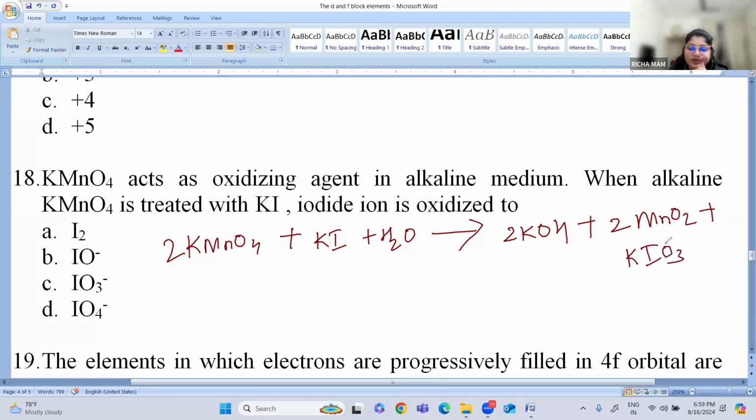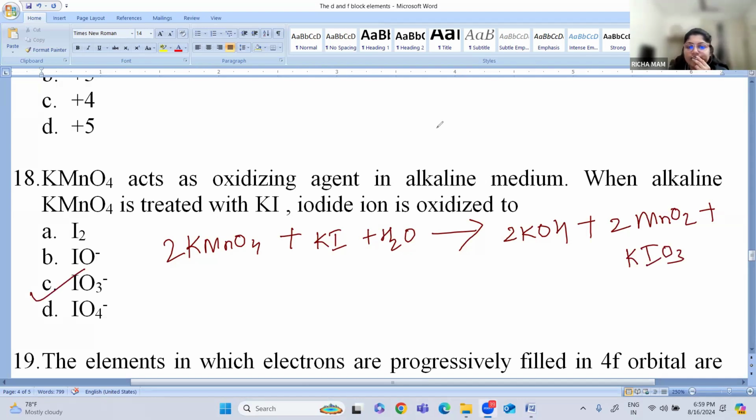So it is IO3 minus, option number C. Srivaruni has answered. Yes, option number C is the answer.